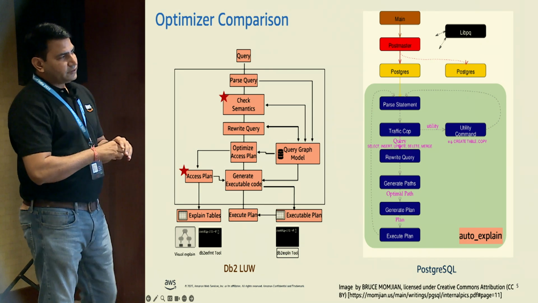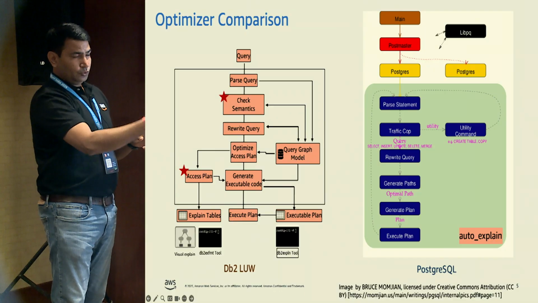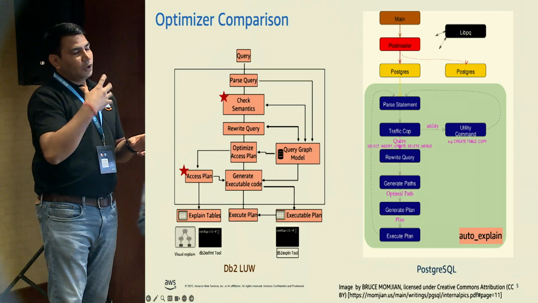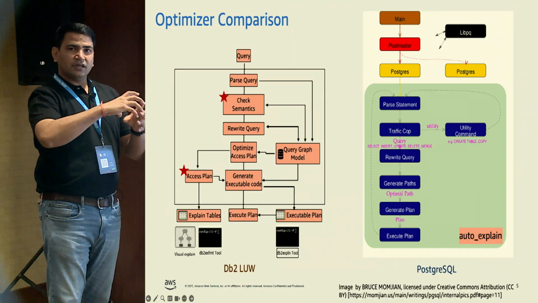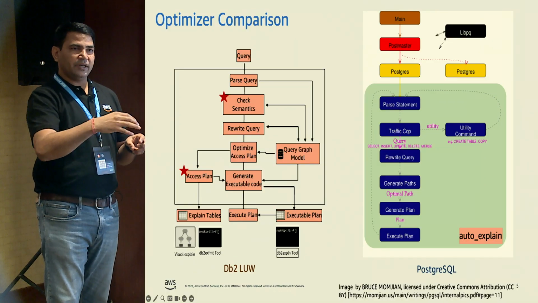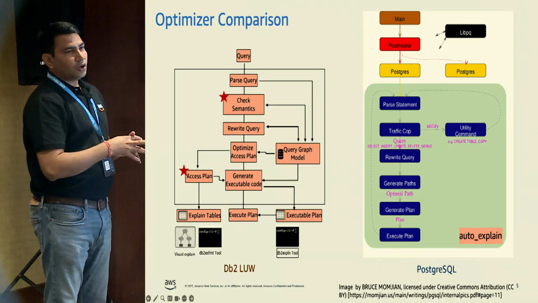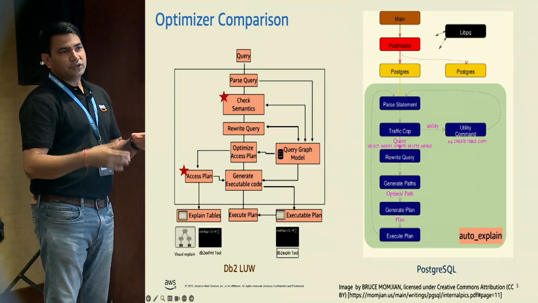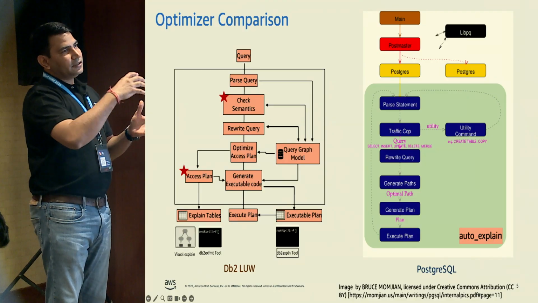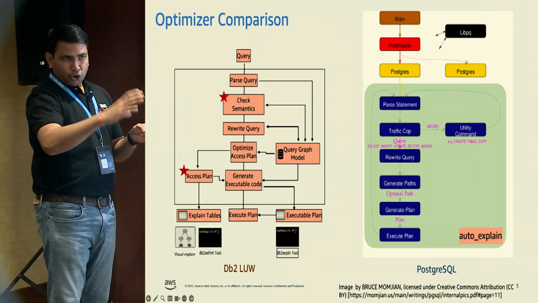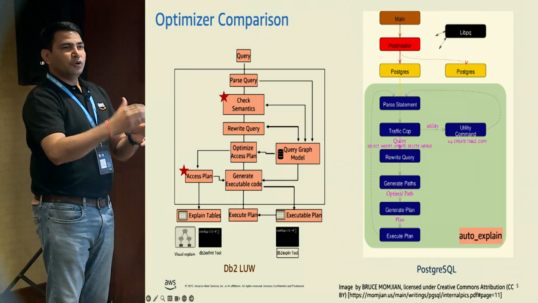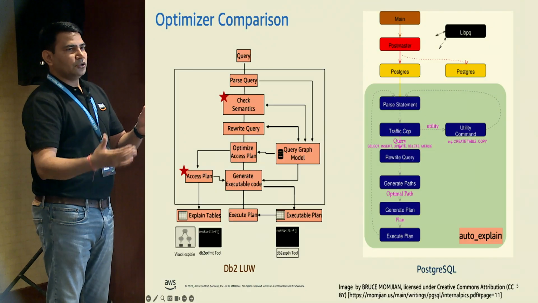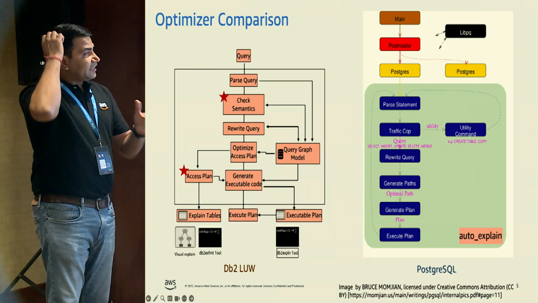On the PostgreSQL side, I'll cover the tools later, but let's say you want to see what explain or execution plan was used by the query at runtime. There is something called the auto_explain parameter. You turn it on, and the path the query took in PostgreSQL is put in the log files. That's a very important thing.